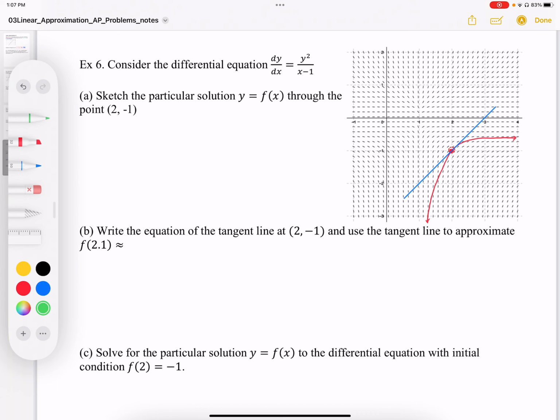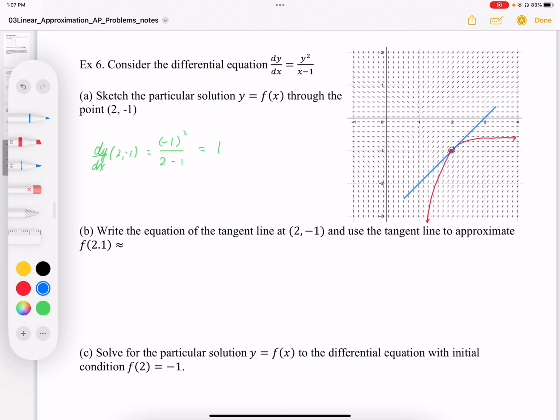So the slope, dy/dx at (2, -1), I'm just going to plug directly into my differential equation. So (-1) squared over 2 minus 1, which is 1, and that gives me a slope of 1. And the tangent line I've drawn there is approximately slope 1, so that looks about right.